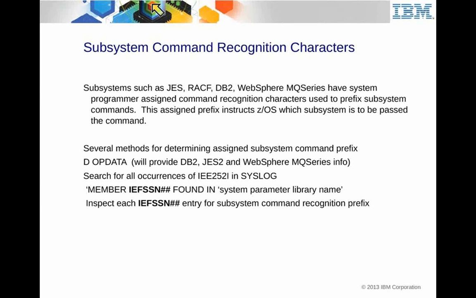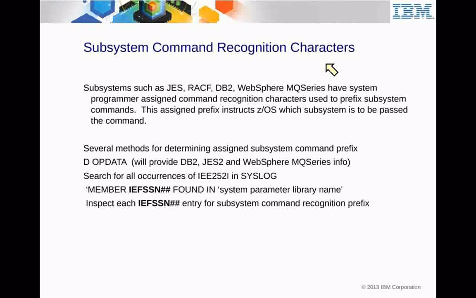There's another form of command called a subsystem command recognition character. There are some things you're going to see throughout the week that we type in as a system command, a funny string of characters. That's known as a subsystem command recognition character.